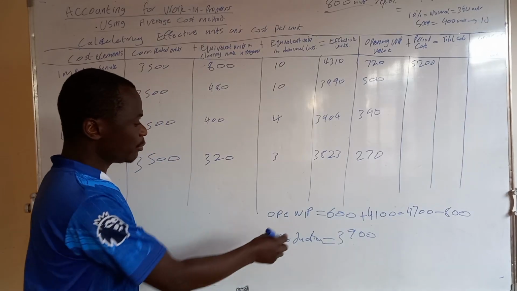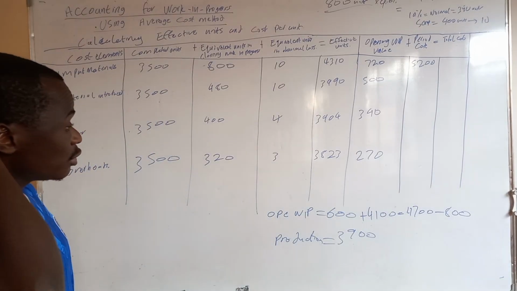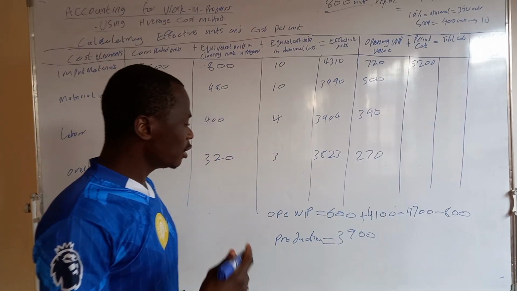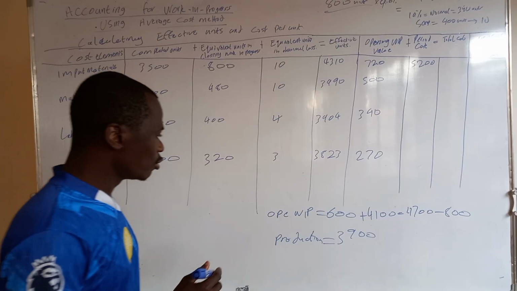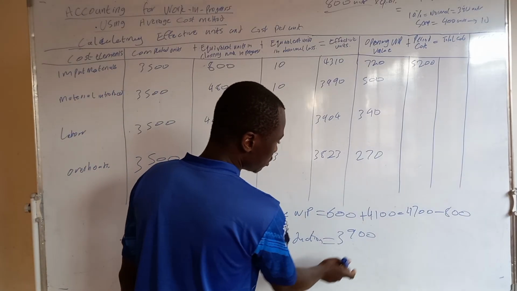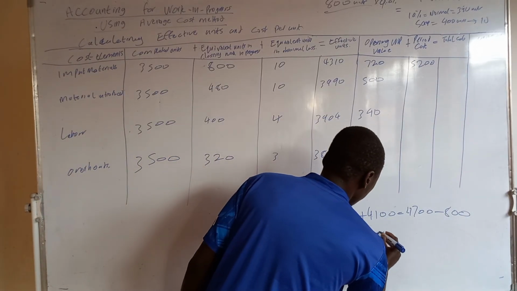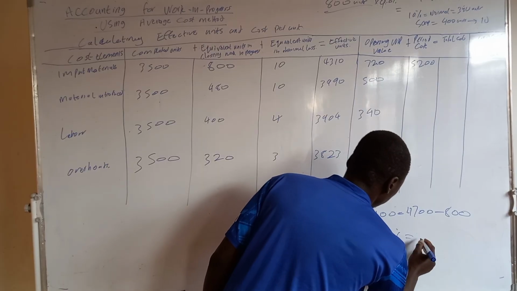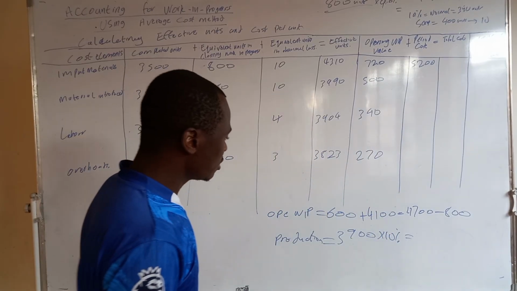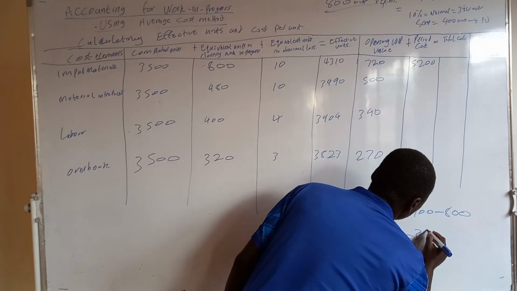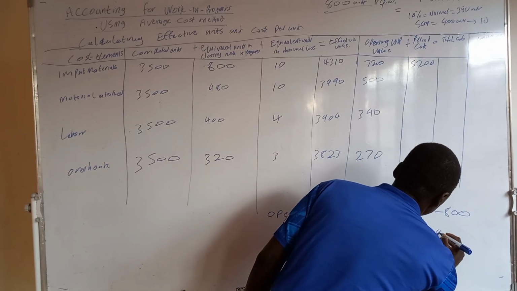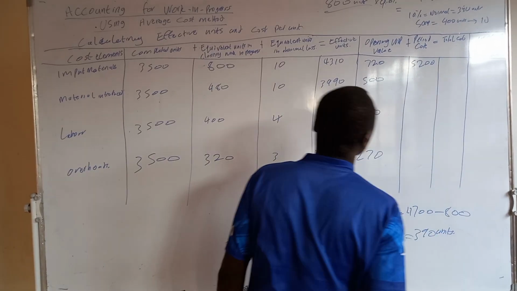Now, 10% of this, what we expected to be normal loss. The normal loss we expected to be 10% of this. 10% of that gives us 390 units. That is what we have here.